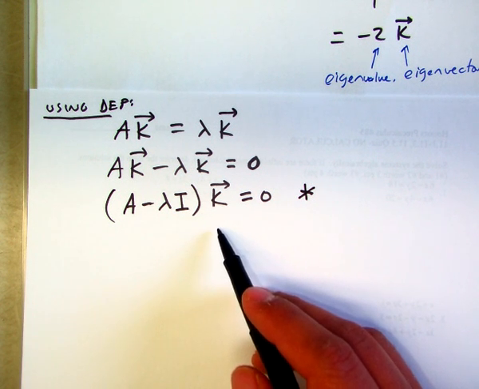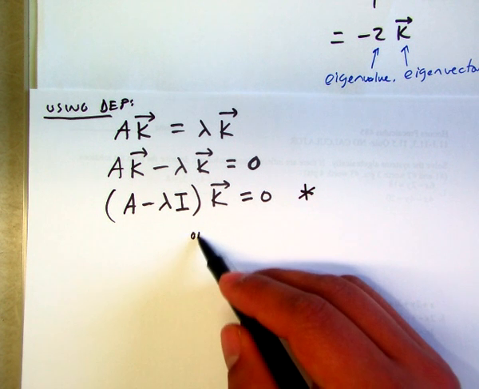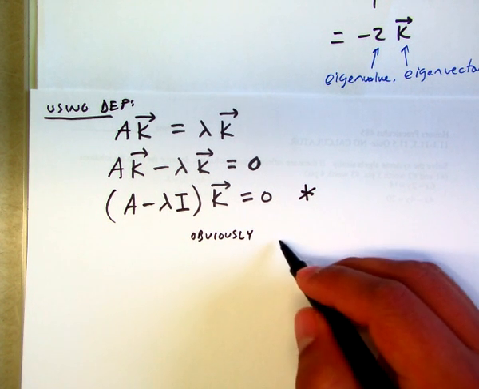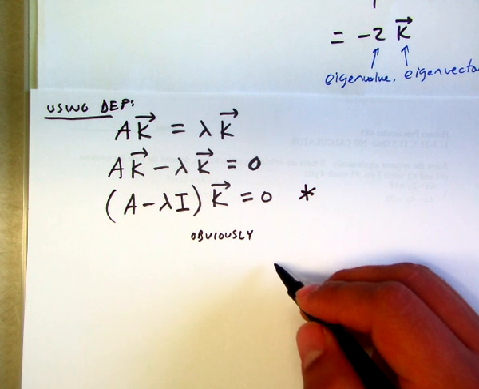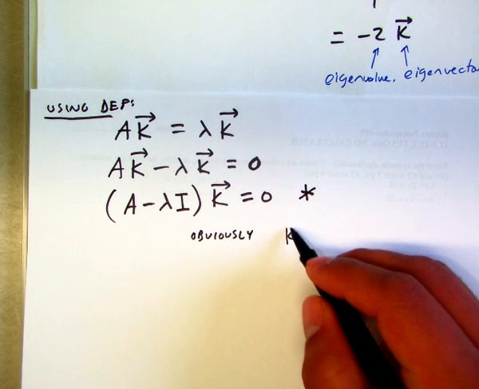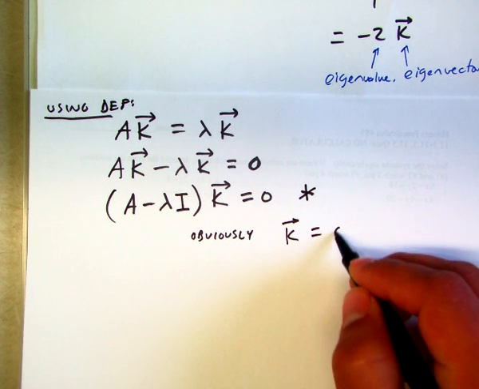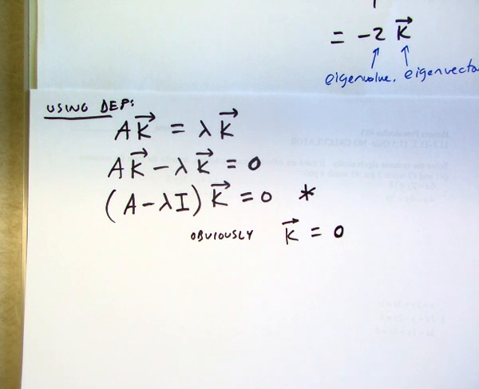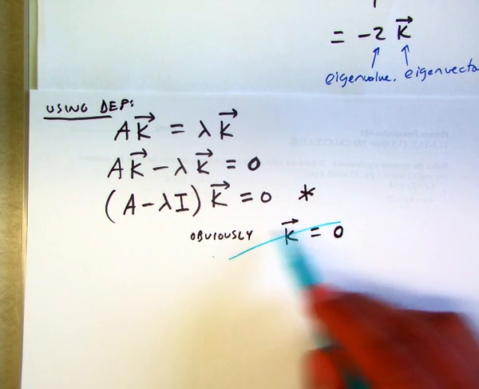If we're trying to solve this equation here, there's one obvious solution, right? What would it be? K is equal to, yeah, but we don't want that one, right? So we're going to ignore that case.